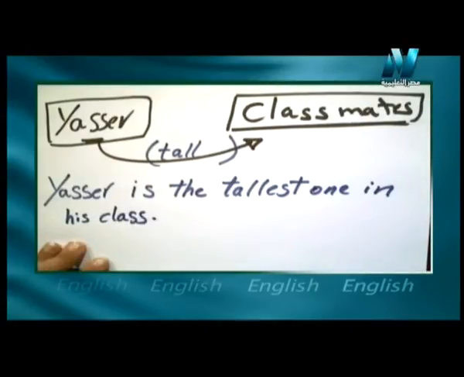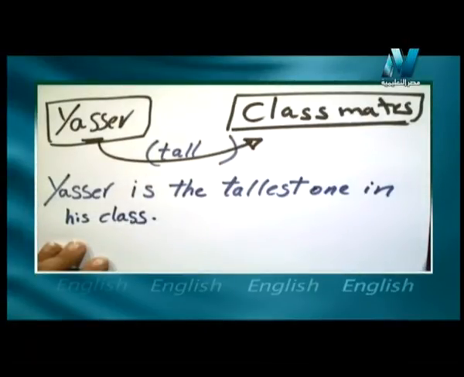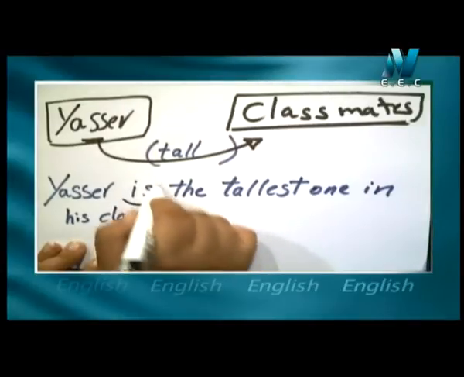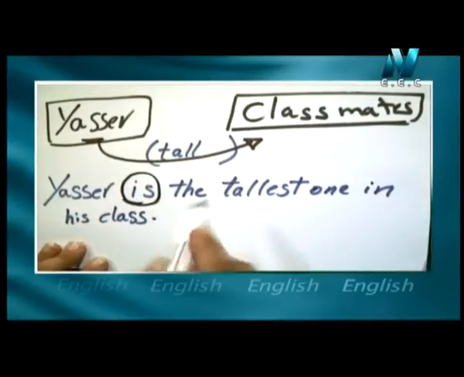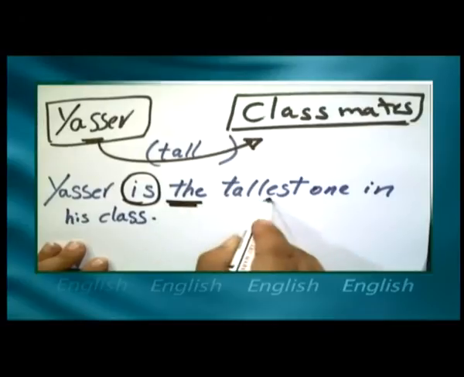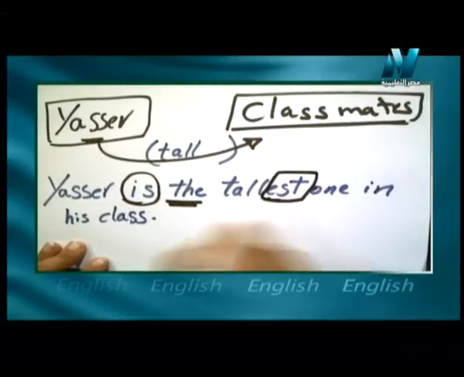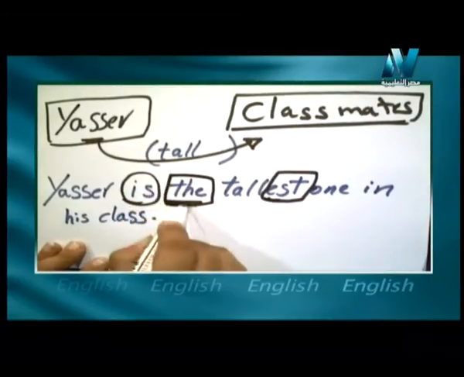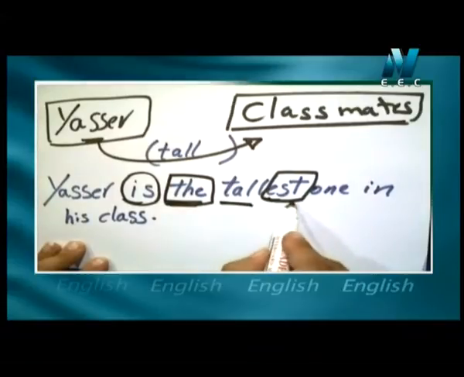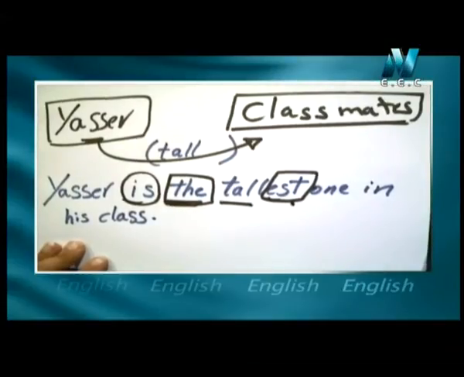The tallest one in his class. Okay, what's the form here? Verb to be. The plus est here after the adjective. The before the adjective. Adjective est and then the rest of the sentence.